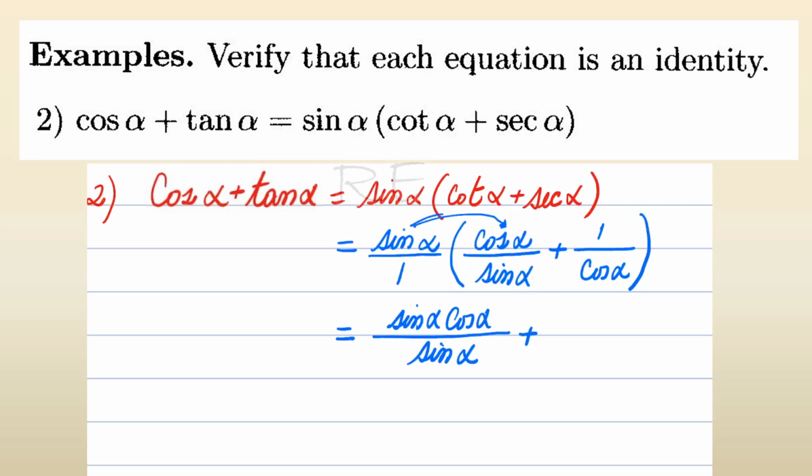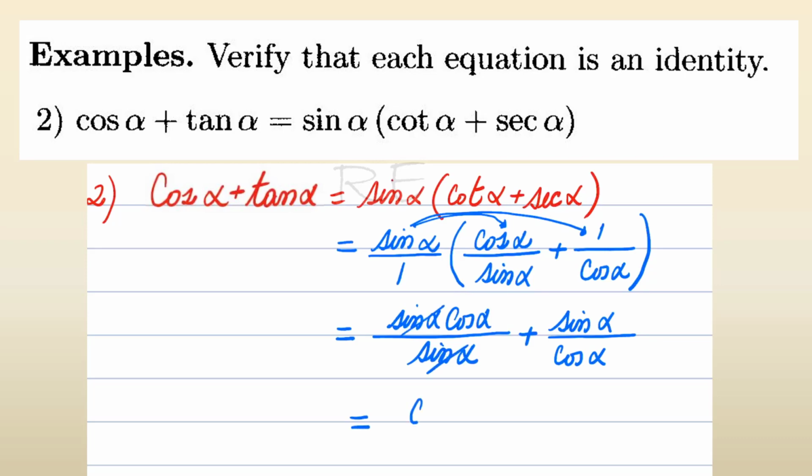plus we distribute sine alpha over 1 divided by cosine alpha, sine alpha over cosine alpha. Sine alpha cross cancel.